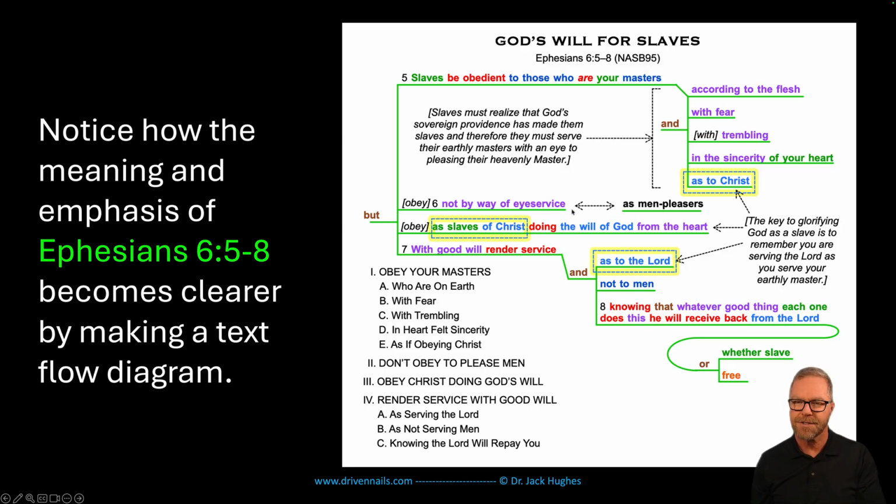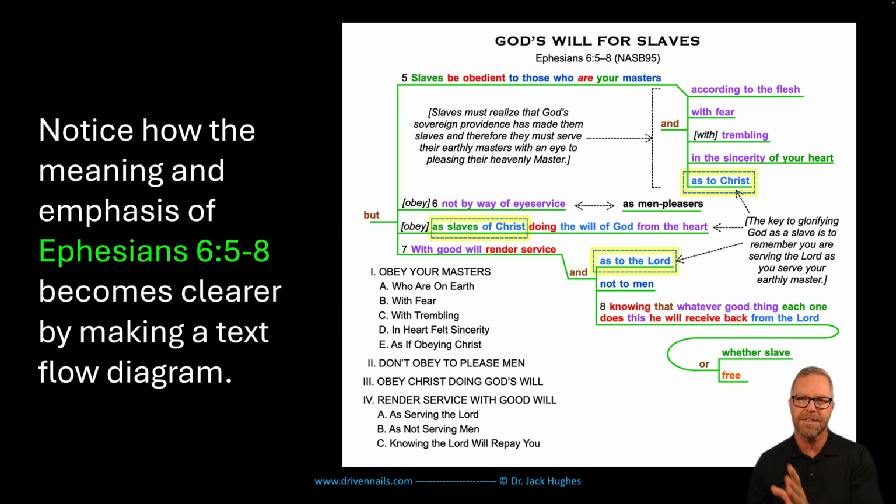Slaves, be obedient, not by way of eye service, as men pleasers. Now, a lot of times when you come to the Bible, you're going to find phrases that say the same things in different ways. To obey by way of eye service is to be a man pleaser. In other words, you're trying to please someone else's eyes other than the Lord. And Paul says, no, you don't live to please other people.